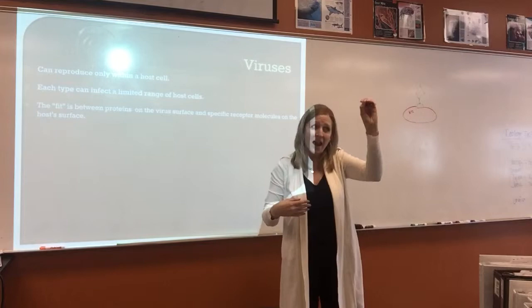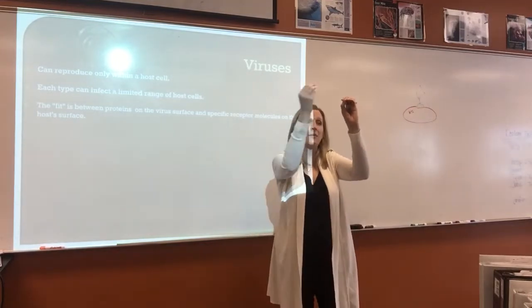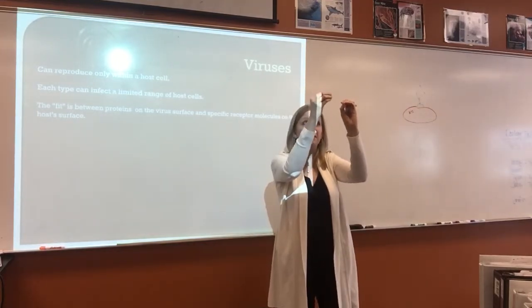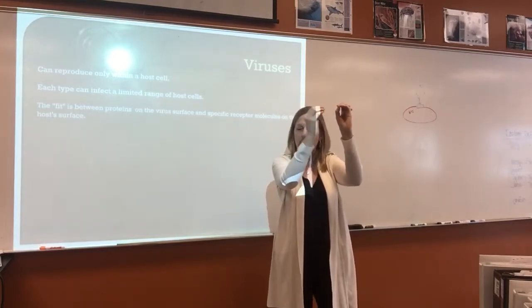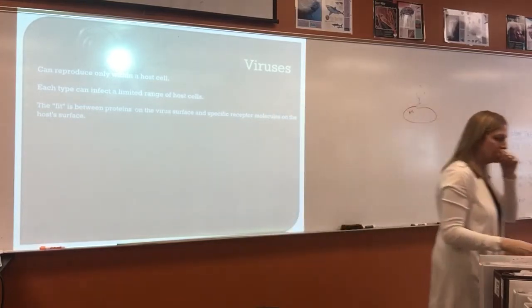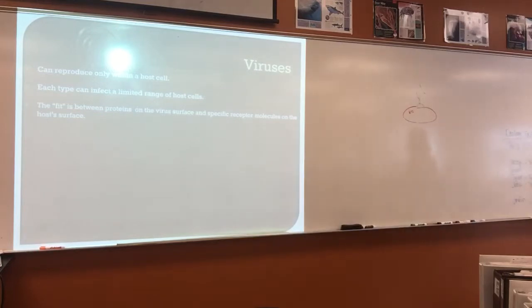If the cell doesn't have the right receptor, it can come into contact with that virus, but the virus is not going to affect it. That's why another animal can get infected with a virus, and you can come into contact with that virus, but if you don't have the right receptors, it's not going to affect you. All right.